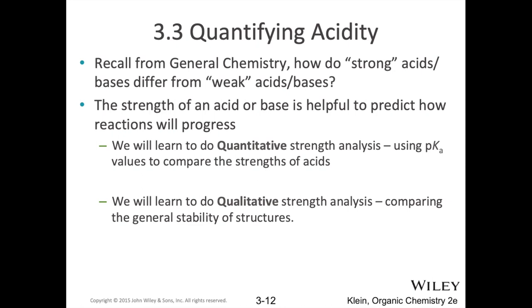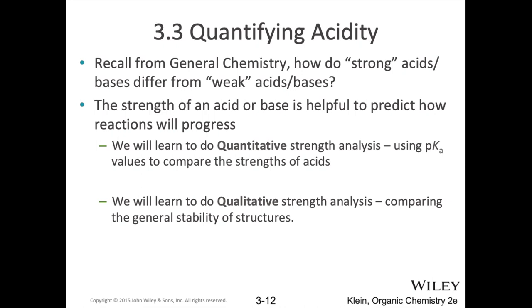Okay, so let's try and quantify acidity. Eventually we're going to compare things as acids or bases, which things are stronger acids, which ones are weaker acids. One way to do this is quantitatively. We can use Ka values, or more commonly pKa values, and those numbers give us a direct means of comparison.